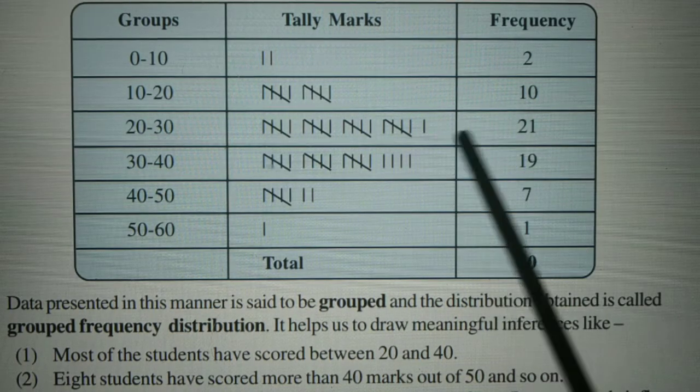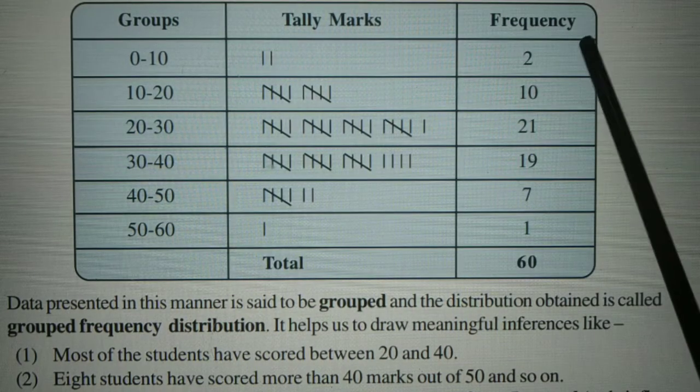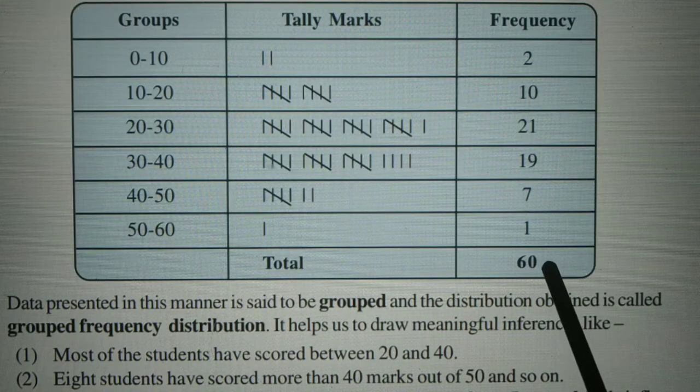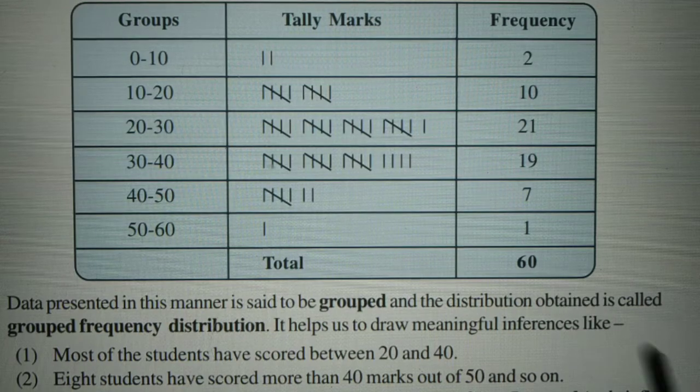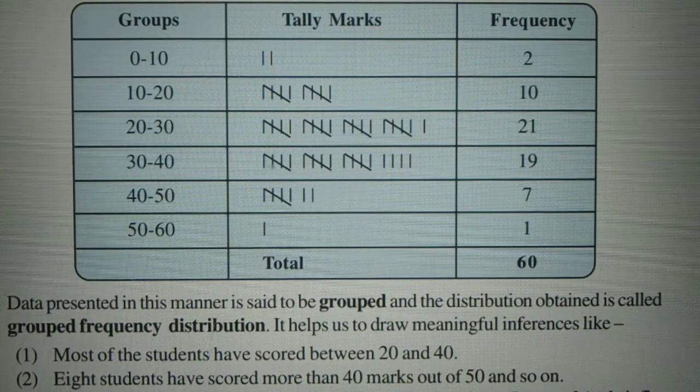Between 20 to 30, 21. These are the frequency, the number of students. Always remember the total frequency is equal to the given number of students, that is 60. We have 60 students. These are the range of the marks, and these are the number of students.